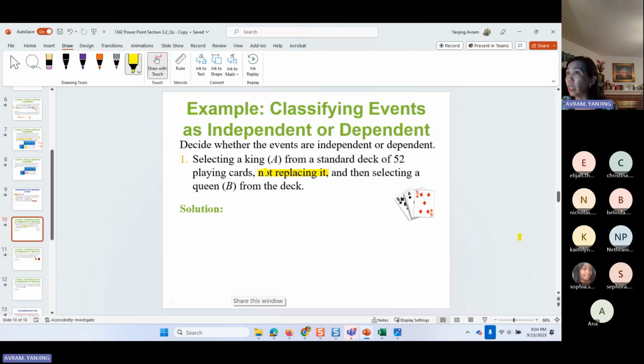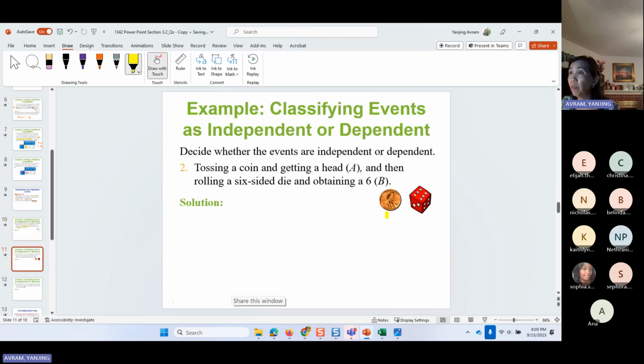Because you didn't replace it, you affect the probability of choosing the queen, since you have one less card already. It affects the outcome, so that's a dependent event.